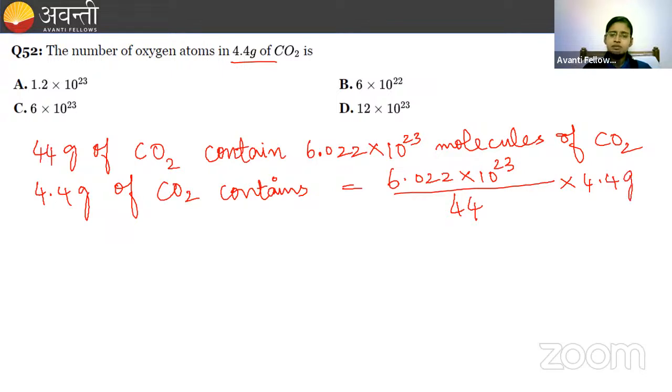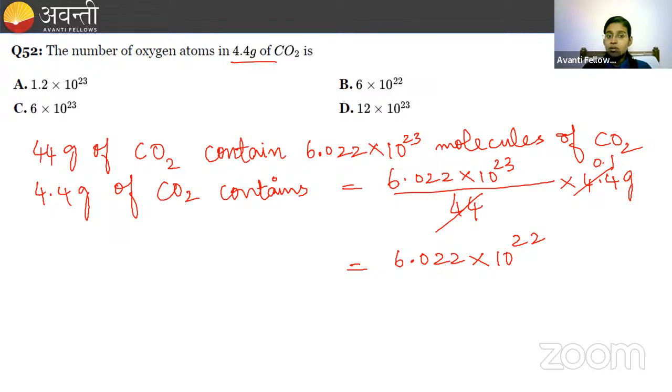It is just the cross multiplication, right? So if we solve this, we'll get 0.1, which is nothing but 10 to the power minus 1. So we will get 6.022 into 10 to the power 22. Okay, so this many molecules of carbon dioxide.